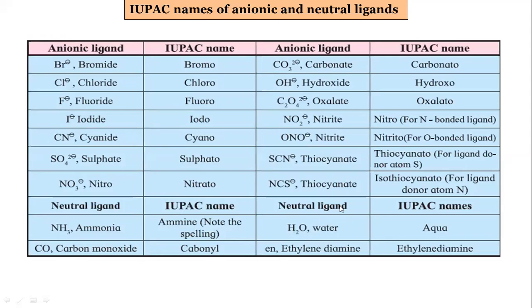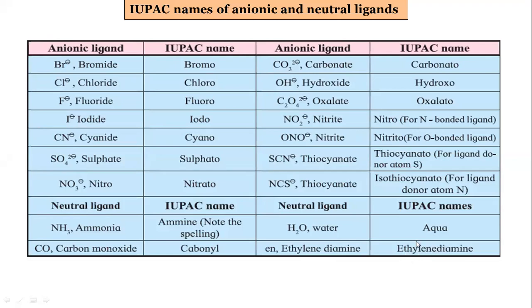This is completely different. The name of the water ligand in IUPAC is aqua. Remember, this is the IUPAC name. Don't use the word water when you write the IUPAC names. Then EN, we are familiar with this, ethylene diamine. The same name is given here, ethylene diamine.